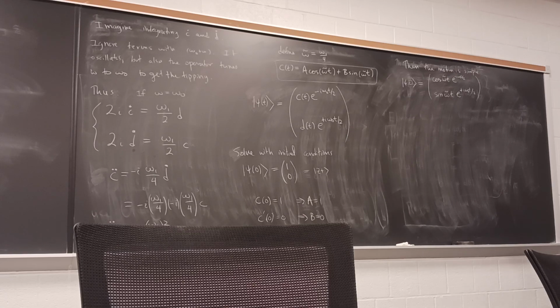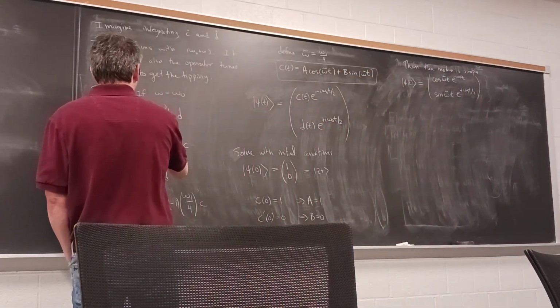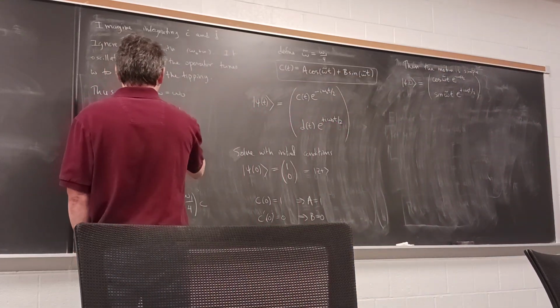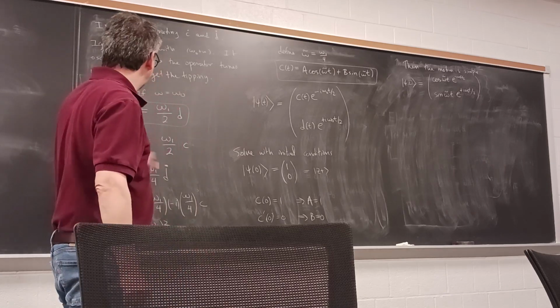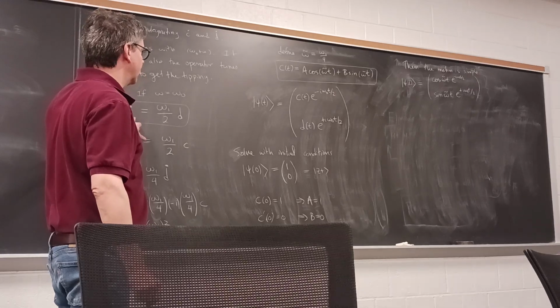Okay, and we can get that from this equation here. So if c is a cosine, then d will be a sine.